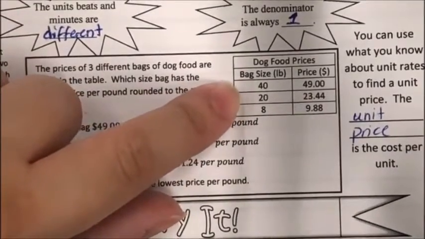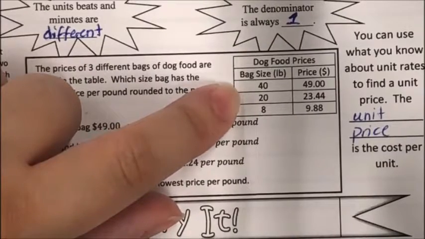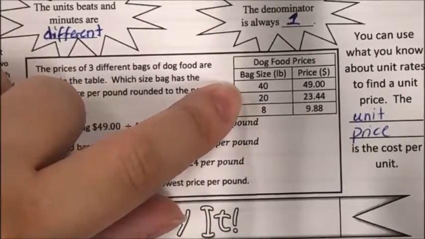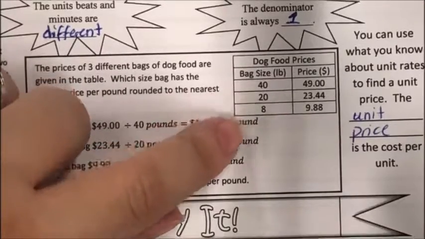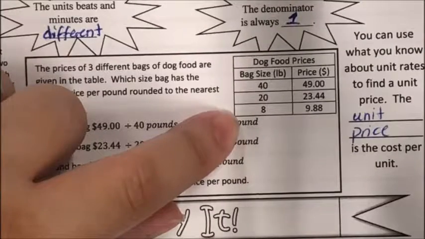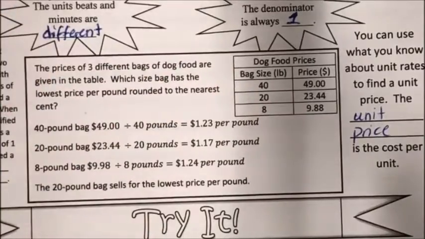The first bag is 40 pounds, and its price is $49. The second is 20 pounds for $23.44. And the third is 8 pounds for $9.88. So I want to figure out which one's the best deal, basically.